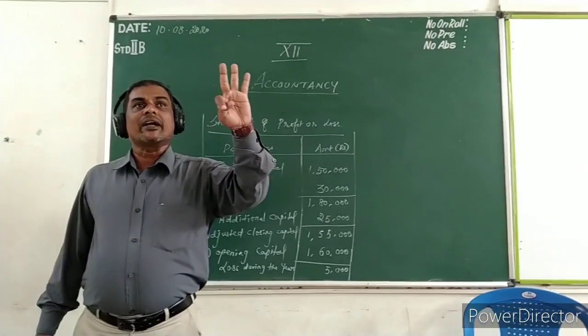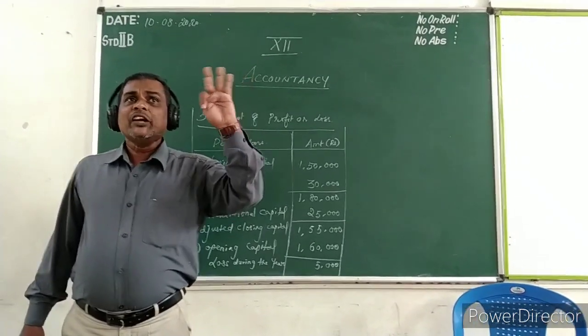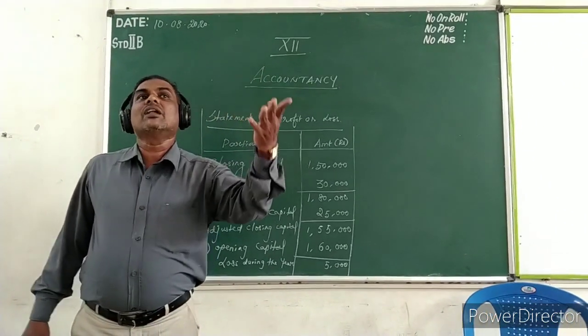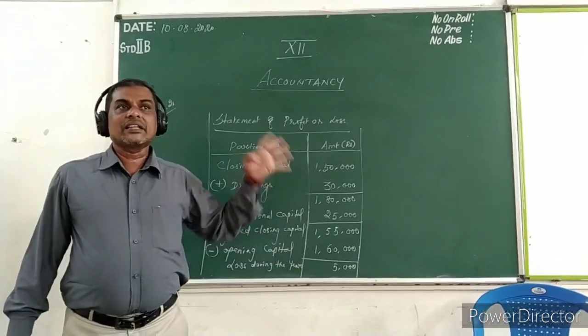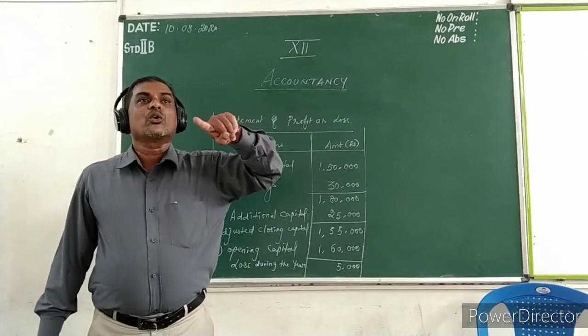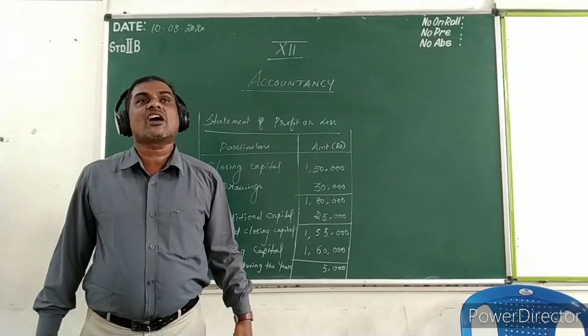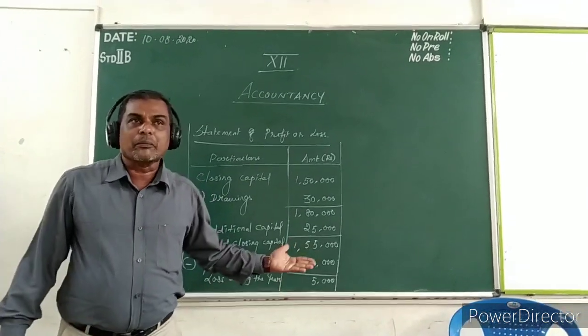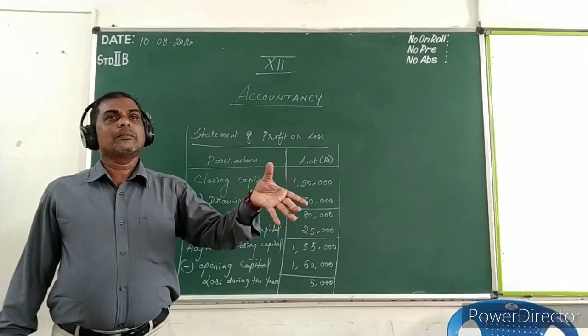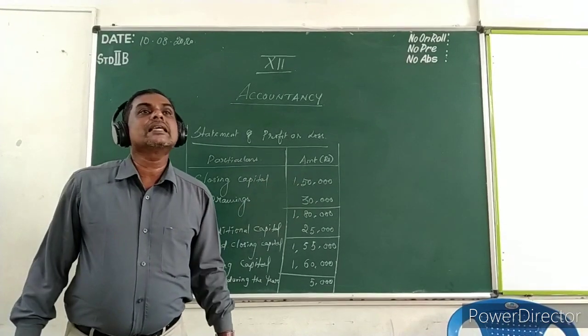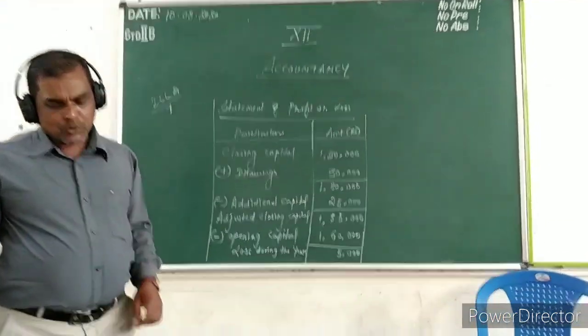We need four items, so for the fourth item they will give either profit or loss. With the help of those four items we are going to find out the missing item. That is called the calculation of missing figure. Same format only, but the sum is called missing item.